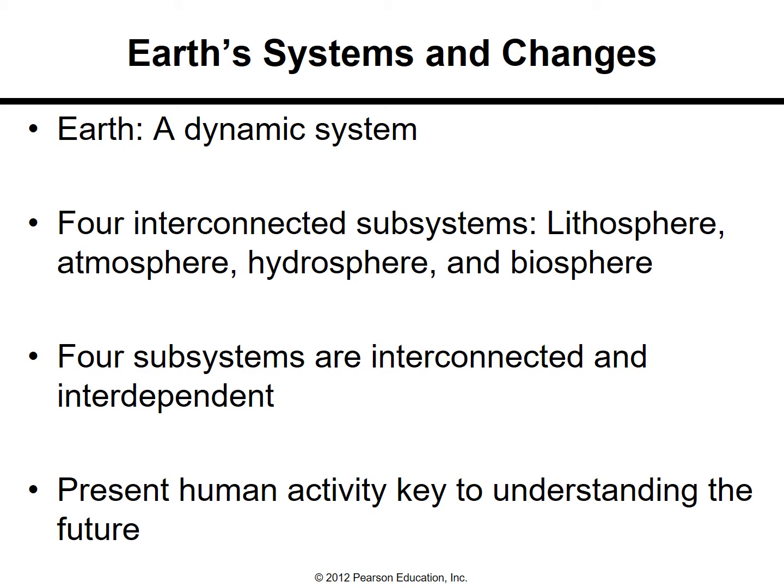These 4 subsystems are interconnected and very much interdependent. And lastly, the concept of looking at change, we need to recognize that present human activity is our key to understanding the future.